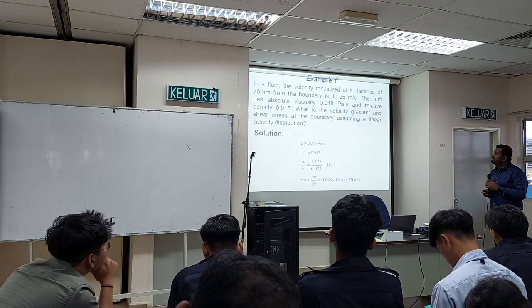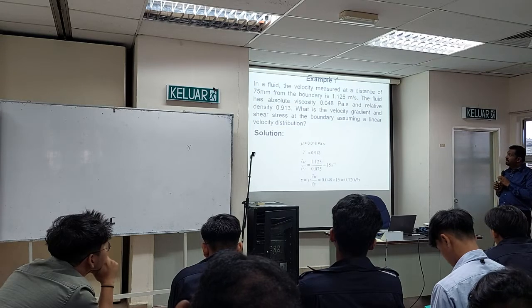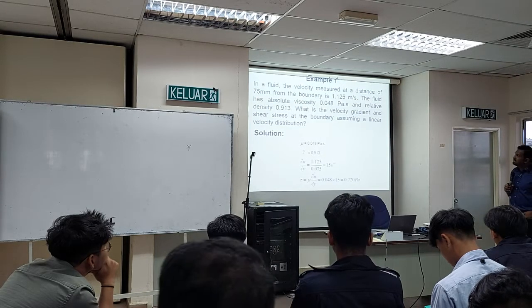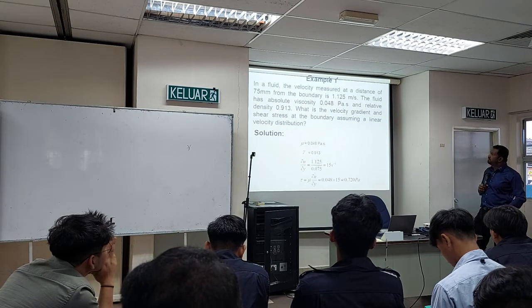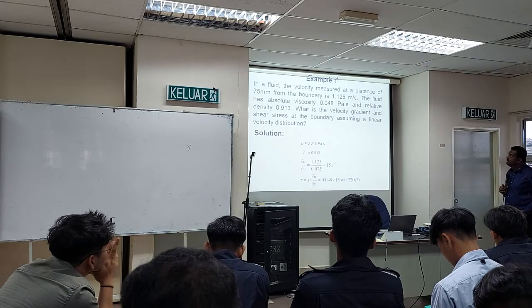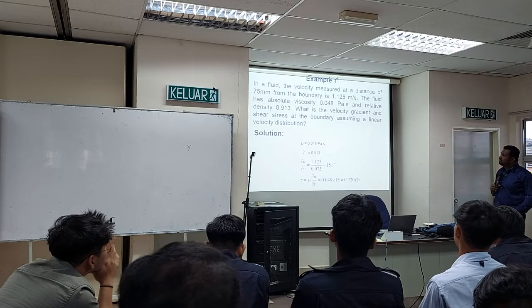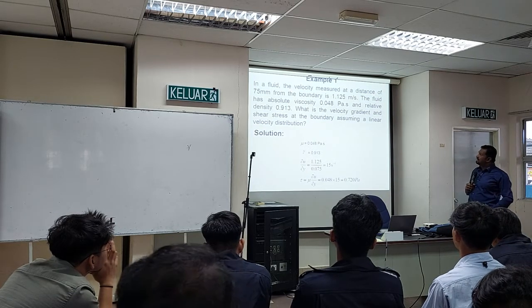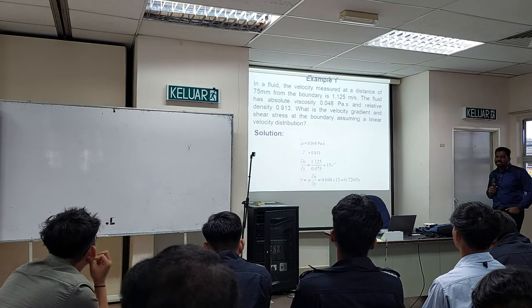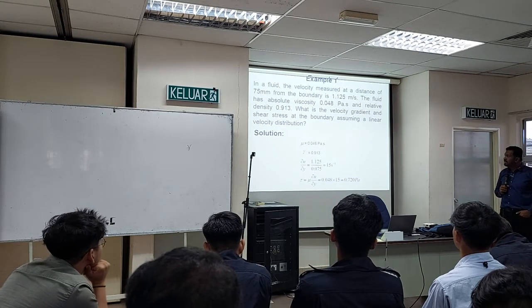Alright. Okay, so in a fluid, the velocity measured at the distance of 75 mm from the boundary is 1.125 meter per second. The fluid has absolute viscosity 0.048 Pascal second and relative density 0.913.